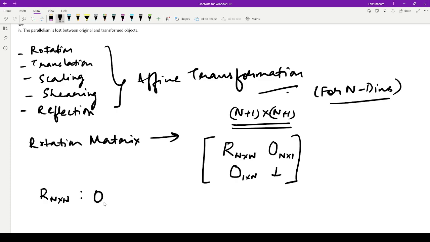So do you know orthonormal matrices? Does anyone know orthonormal matrix? This is coming from linear algebra.